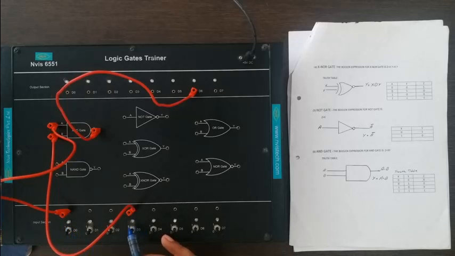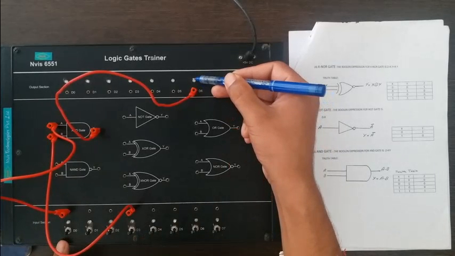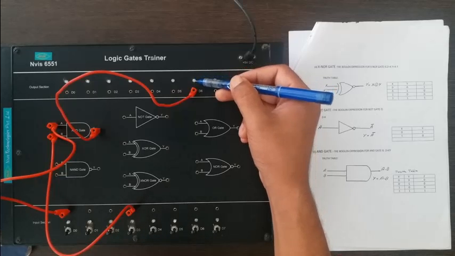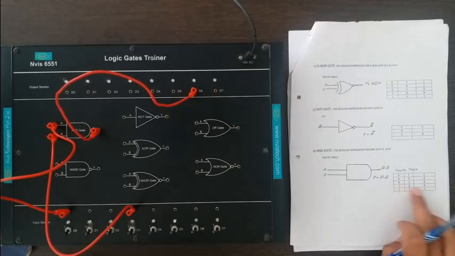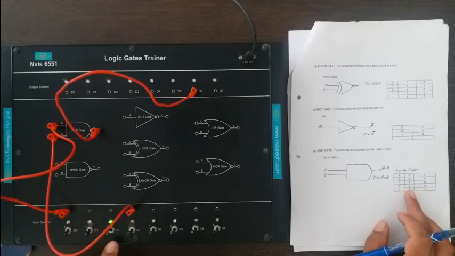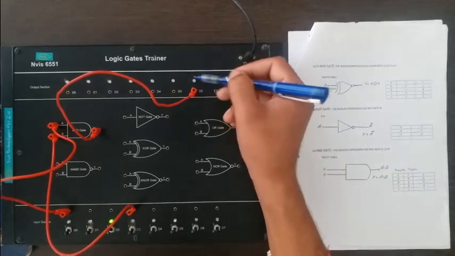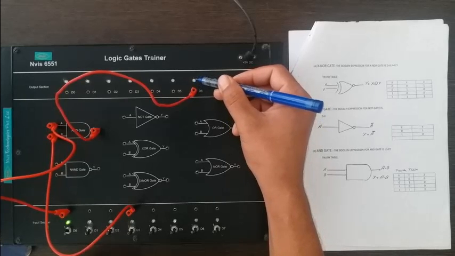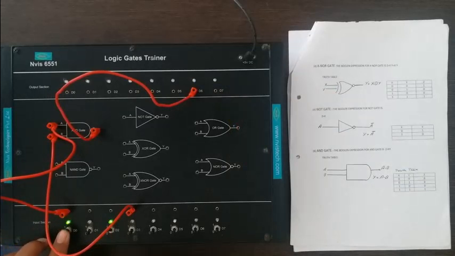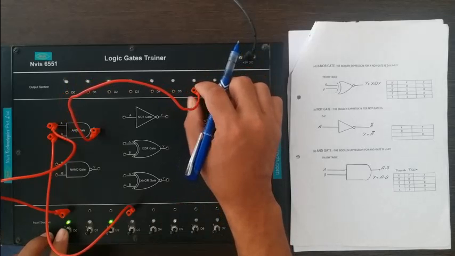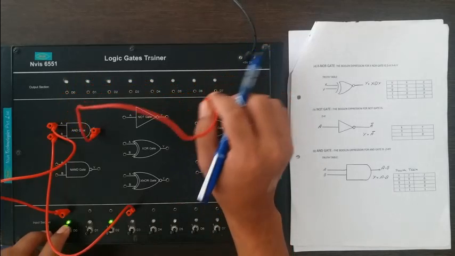So at 0 0 your output should be 0, or low, and you can see here your output is low. For 0 1 your output should be low, and your output is here 0. For 1 0 your output should be low, and you can see here your output is low. Now 1 1, when both the inputs are high.